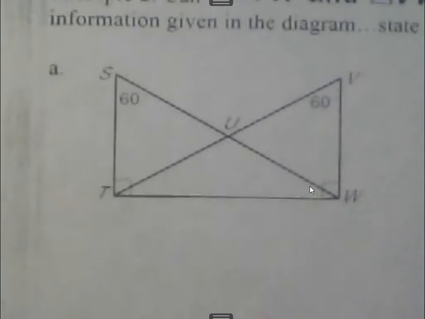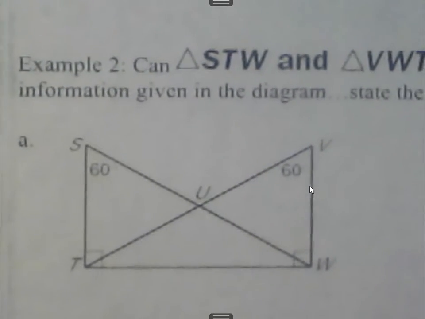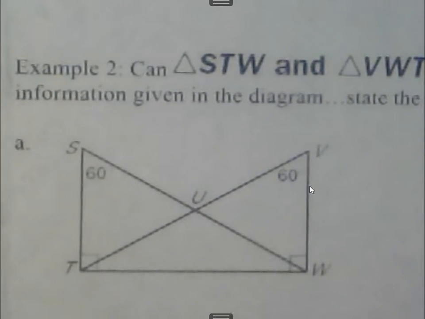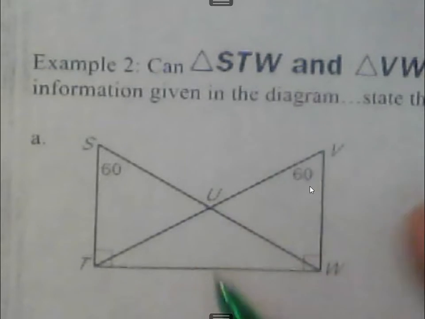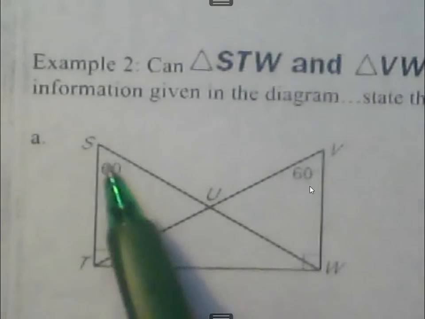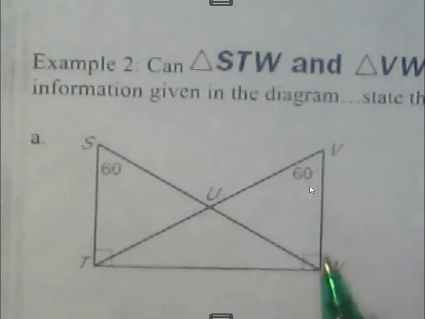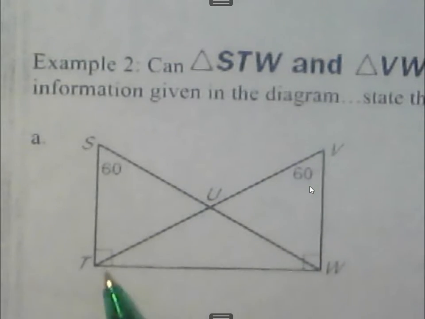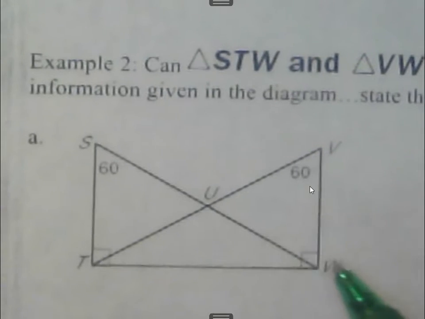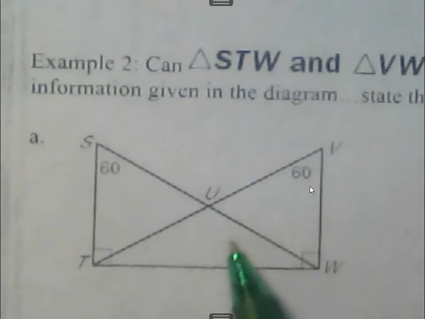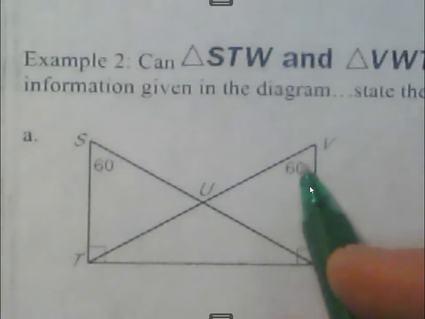All right, example 2. Can triangle STW and triangle VWT be proven congruent with the information given in the diagram? State the theorem. So let's first identify where the triangles are. We're looking at these big triangles right in there. Well, we're given 60 degrees.